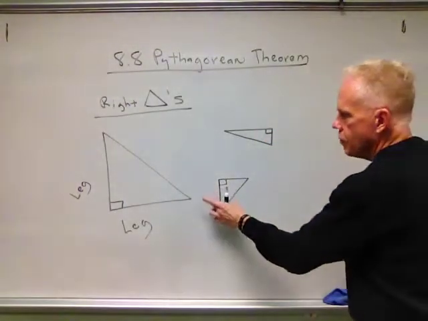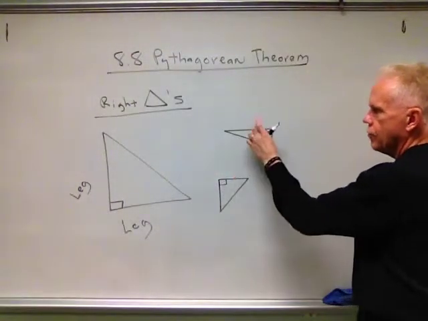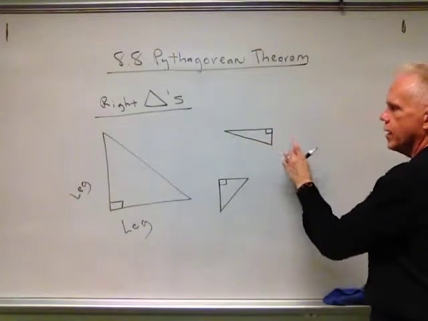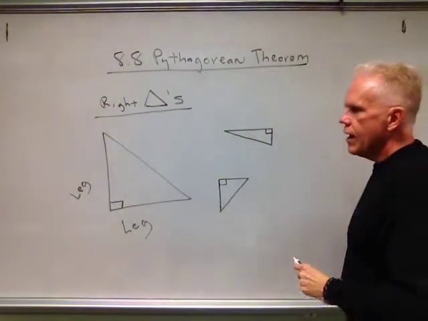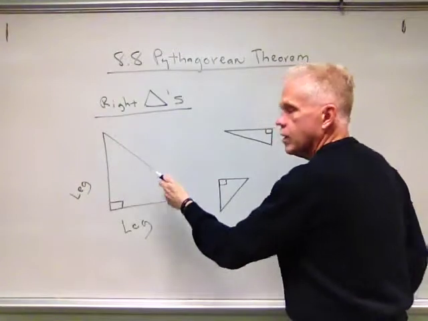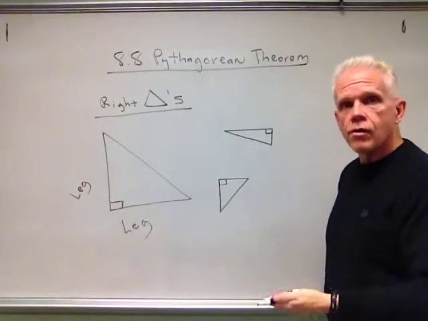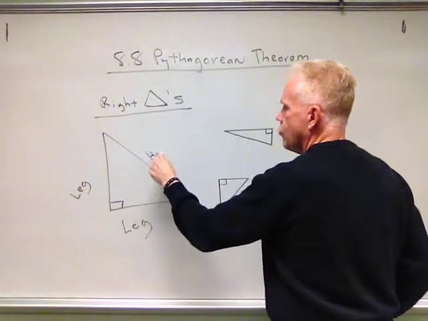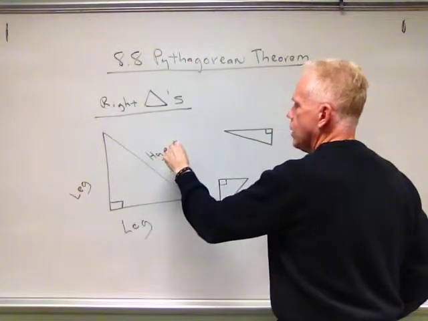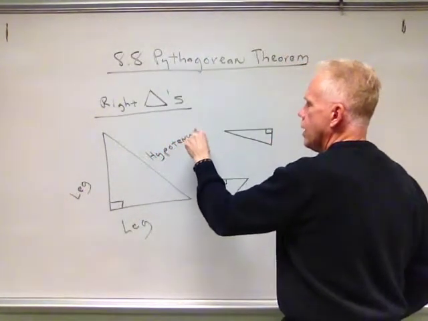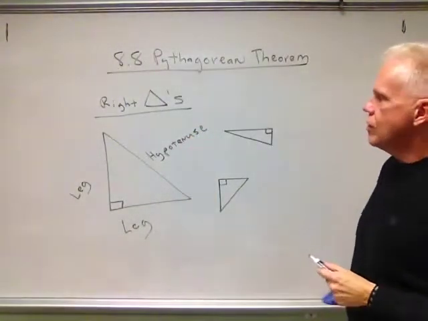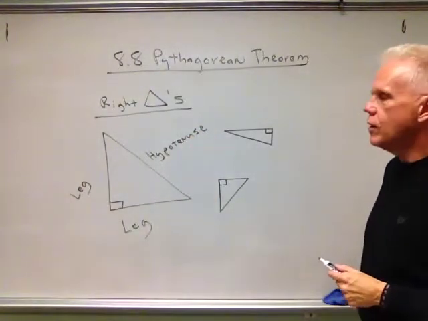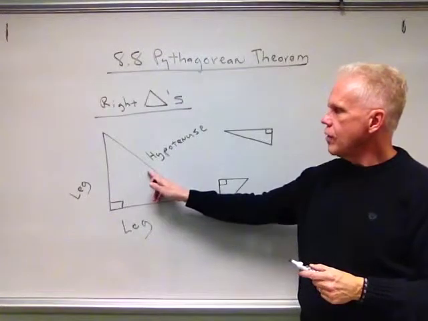On this one, this would be a leg, and this would be a leg. On this one, this would be a leg, this would be a leg. The side opposite the right angle, which by the way is always the longest side in a right triangle, is called the hypotenuse. It's the side opposite the right angle.